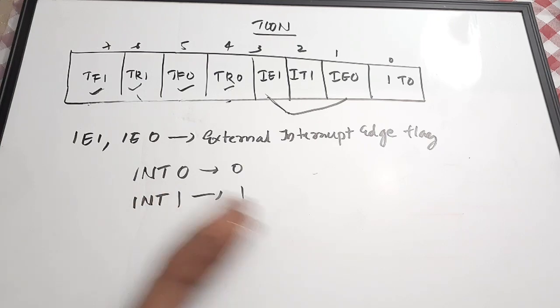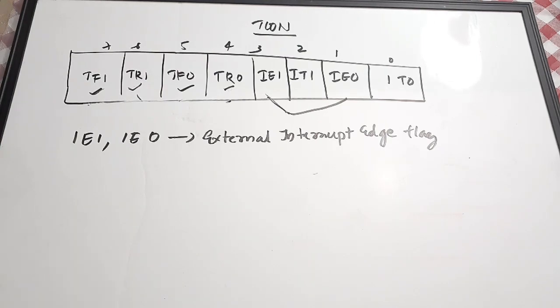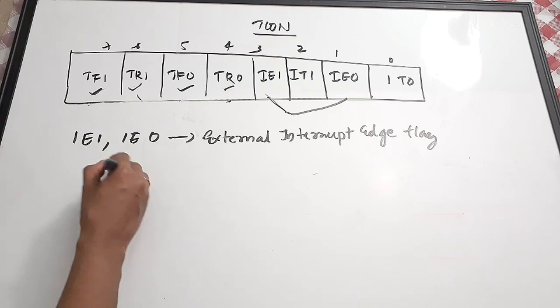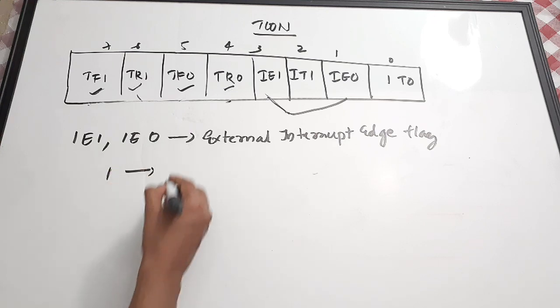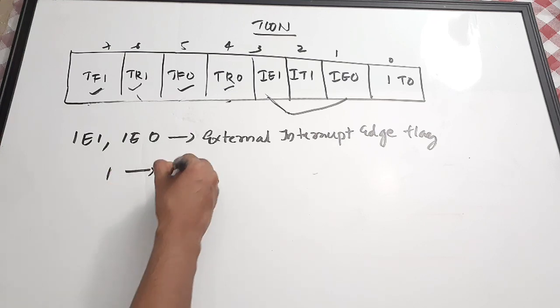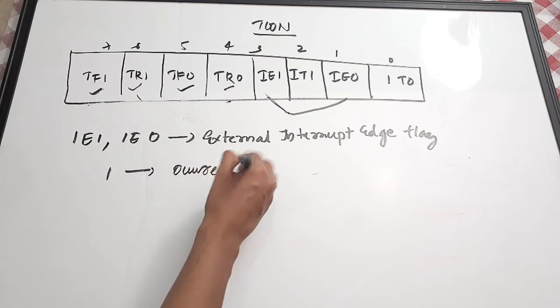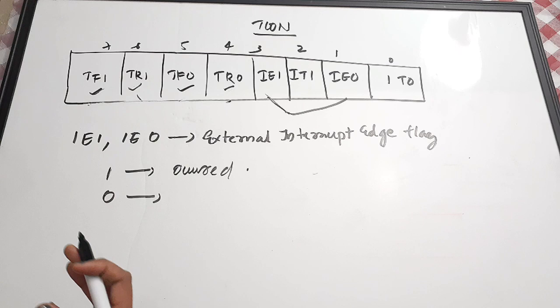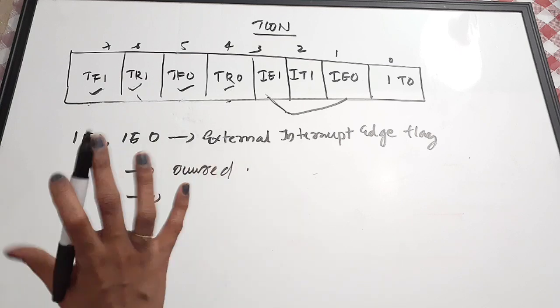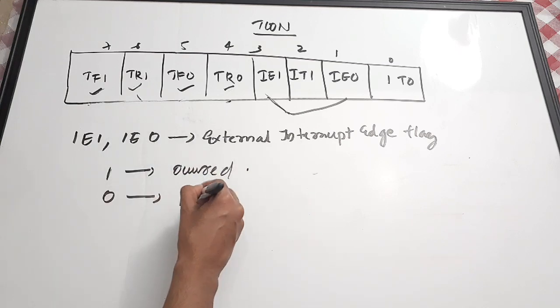Now what are the conditions when these fields are set? If IE1 or IE0 equals 1, the corresponding external interrupt has occurred. If it is 0, the external interrupt has been processed. The occurrence has been serviced.